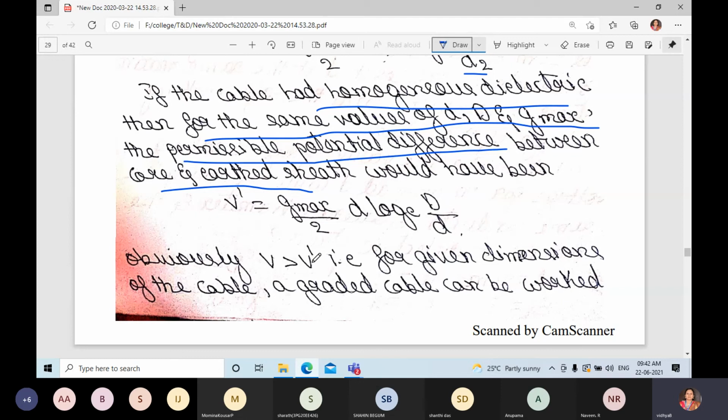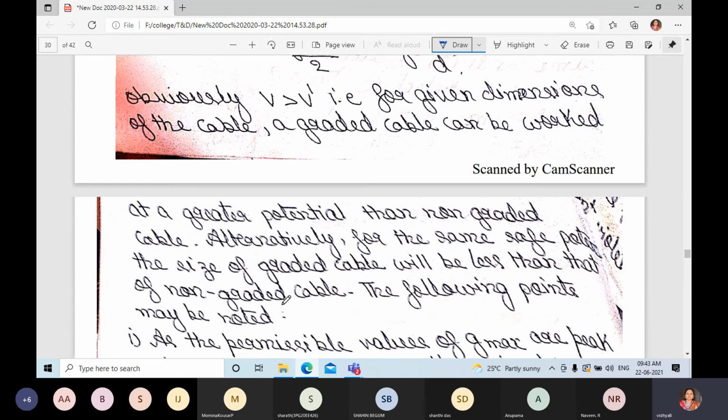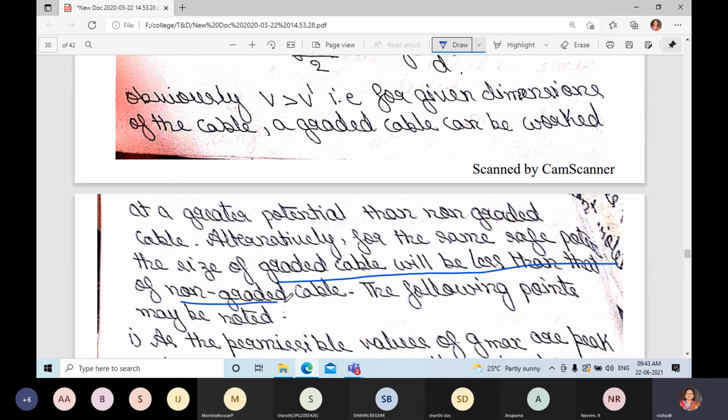Obviously, V is always greater than V dash for given dimensions of the cable. A graded cable can be worked at a greater potential than a non-graded cable. Alternatively, for the same safe potential, the size of a graded cable will be less than that of a non-graded cable.